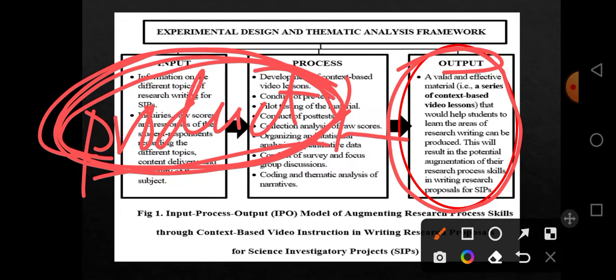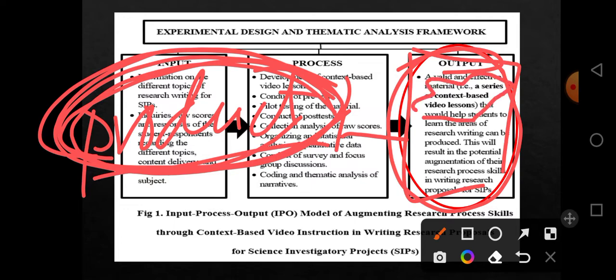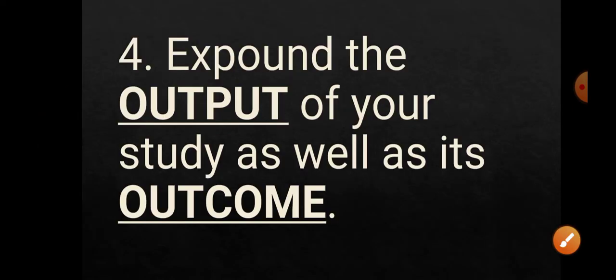Again, the output part of the IPO format illuminates the product of the study in boldface type, as well as the outcome of the study. Take note, emphasize the output using a boldface type, and then also highlight the outcome of your study. So that will be our fourth guideline. You must expound the output of your study as well as its outcome.